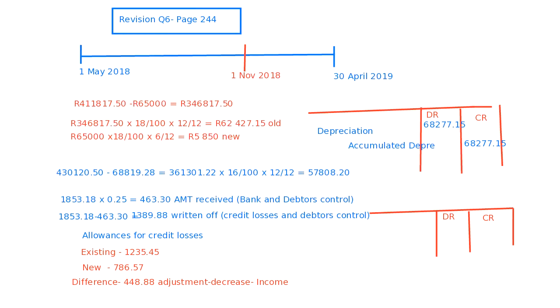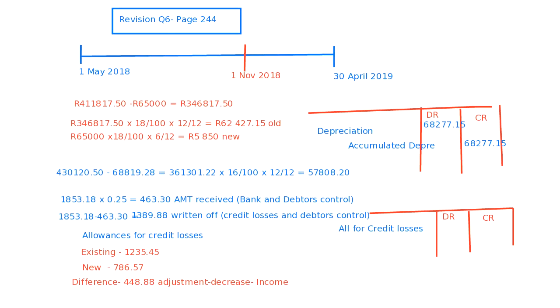Thank you very much. It means the one that I'm going to debit, let me abbreviate, allowances for credit losses, is the one that I must start with because I need to debit, which is how much? The difference of 448.88.